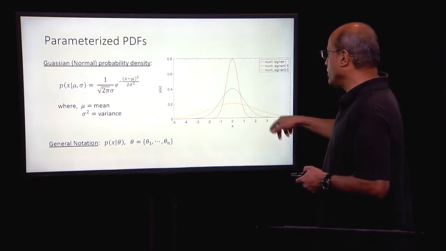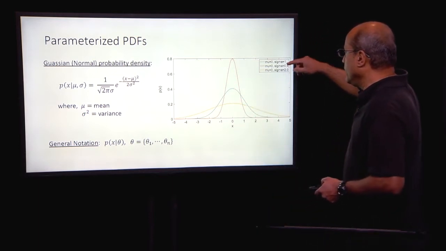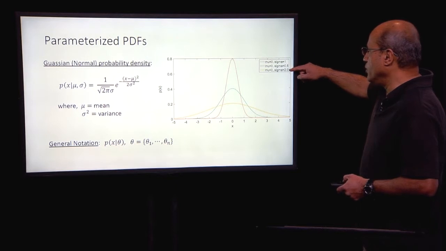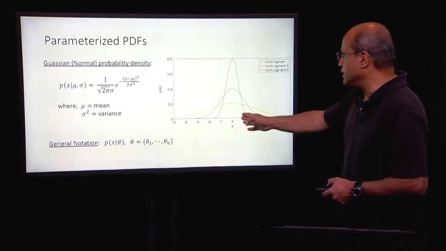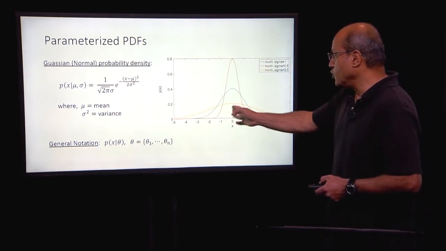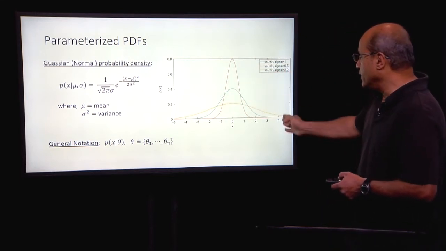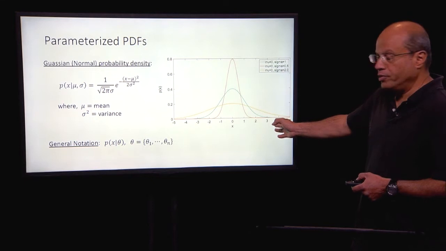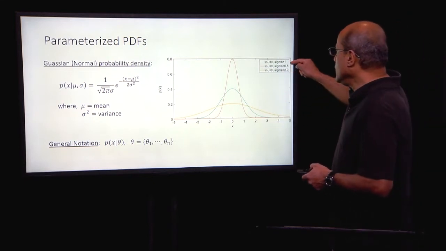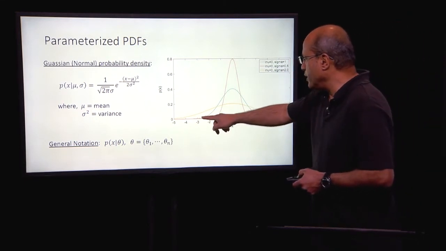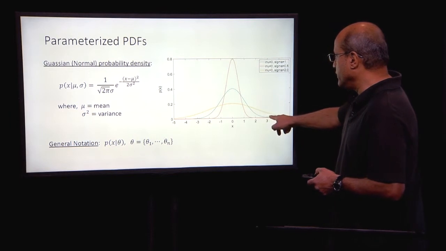And this is what the probability density functions look like for different values of mu and sigma. I'm keeping mu fixed at 0. If mu was non-zero, all of these densities would shift and be centered at whatever that non-zero mu is. So sigma of 1 gives me a probability density function that looks like this.